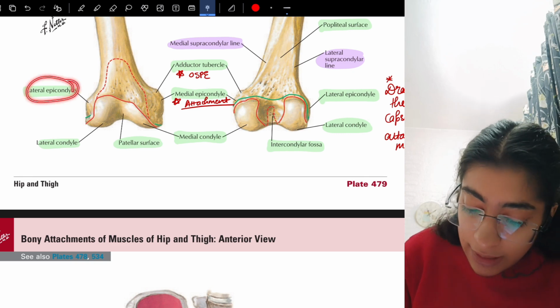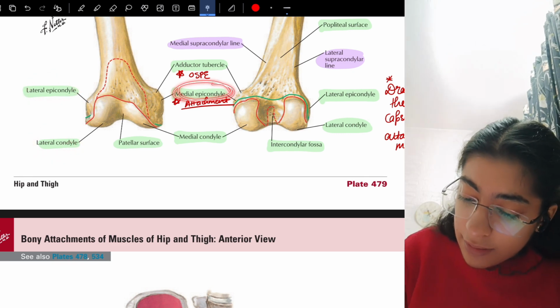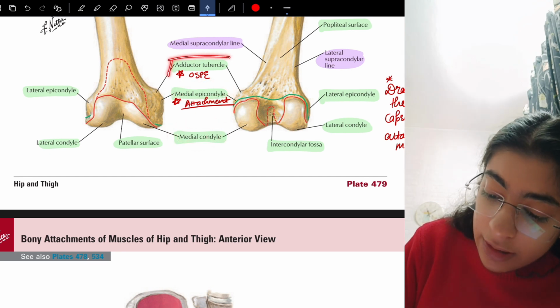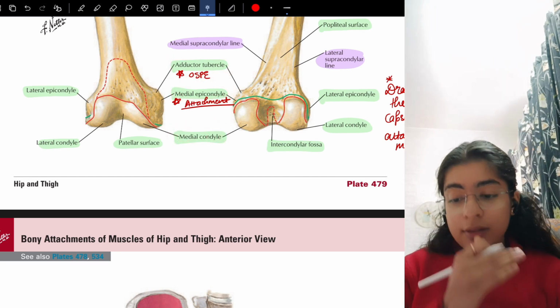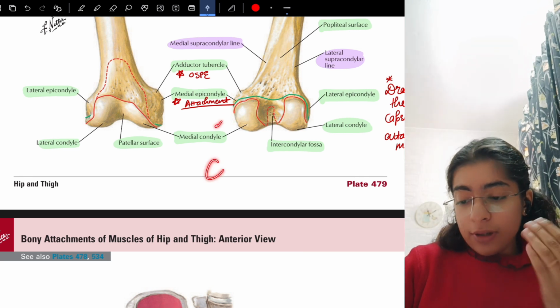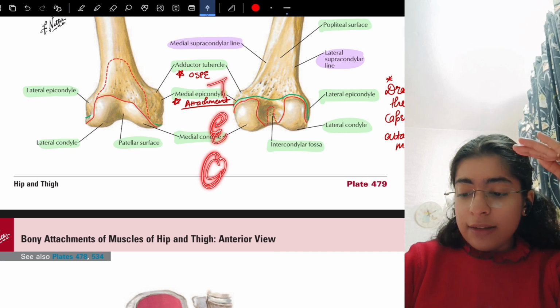So the lateral epicondyle and this is the lateral condyle, and here it is the medial epicondyle and medial condyle. Here is the adductor tubercle above the medial epicondyle, okay? So medial condyle, epicondyle and the tubercle.